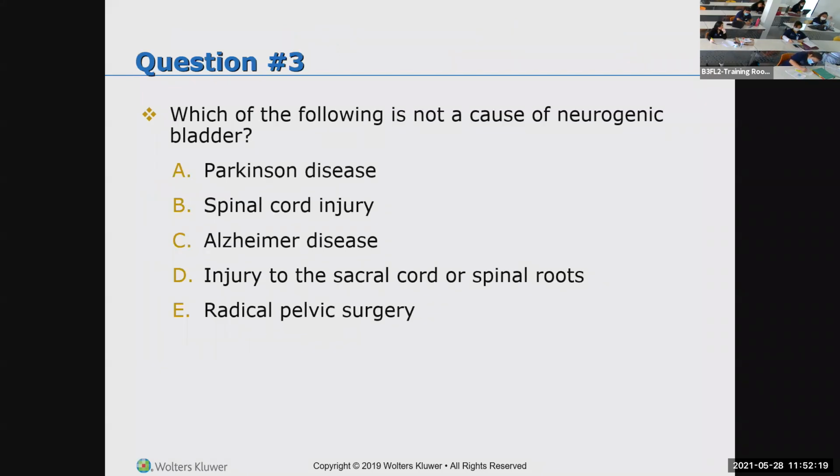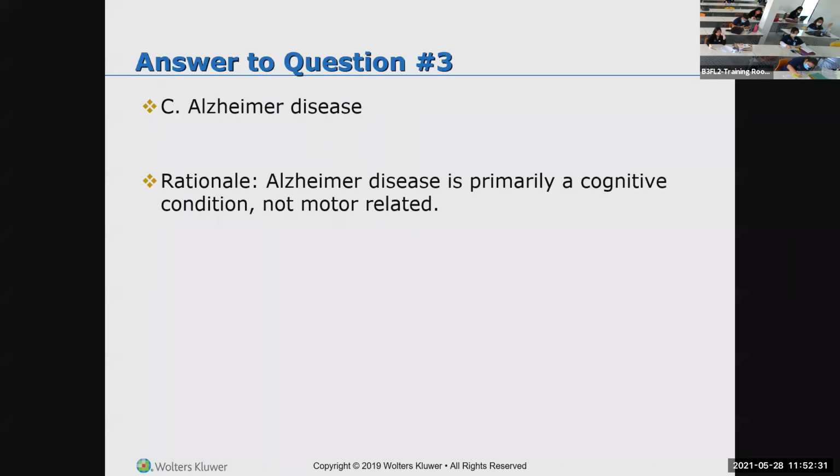Okay, so which of the following is not the cause of neurogenic? All the others, we didn't mention about Alzheimer's, so Alzheimer's is out. Alzheimer's disease is primarily a cognitive condition, not motor related. Forgetfulness.